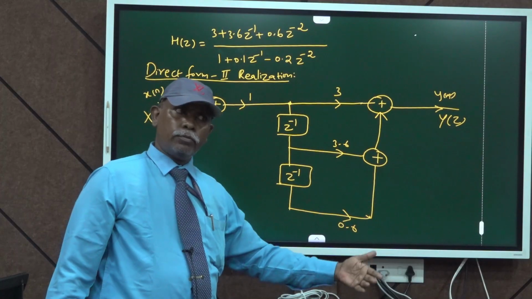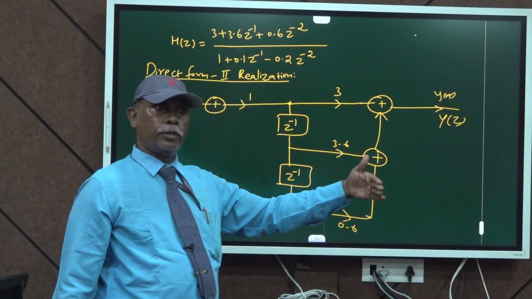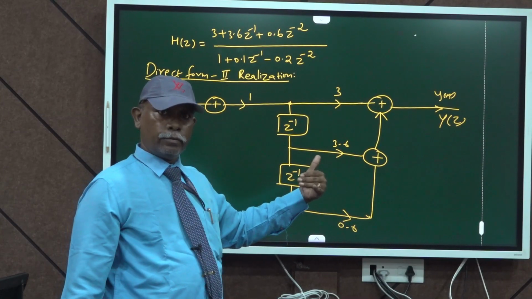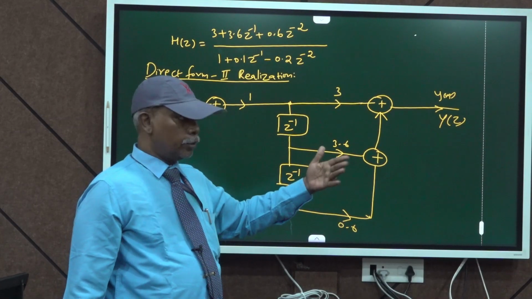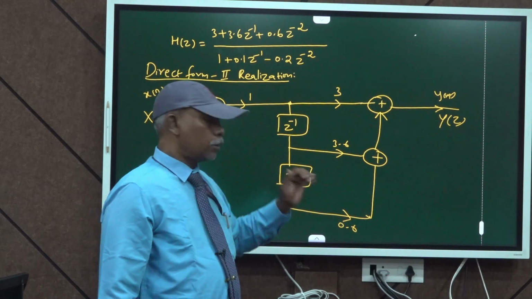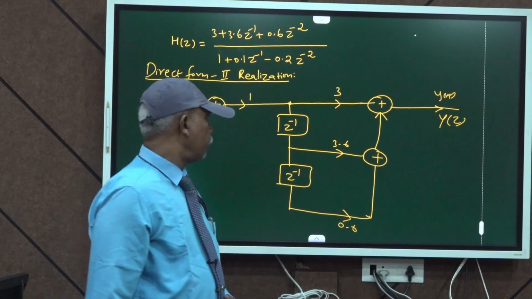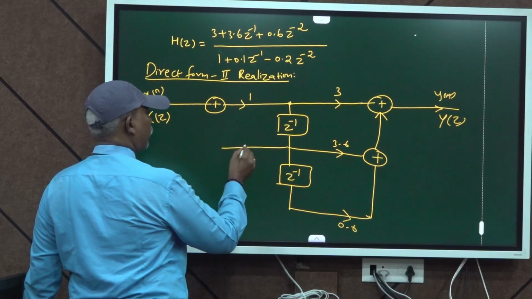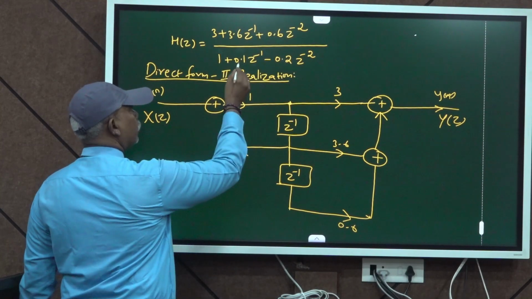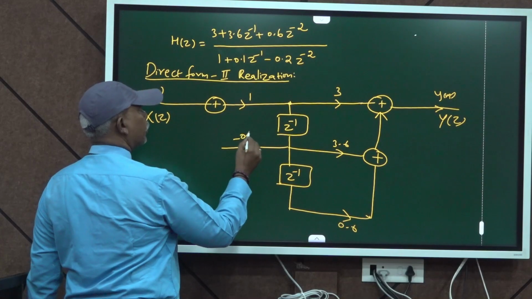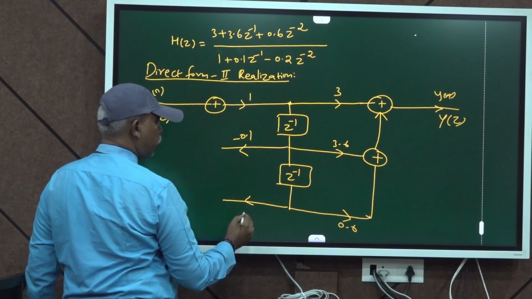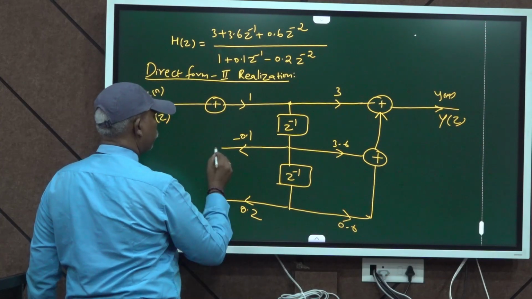The past output, y of n minus 1, is fed back to the x of n and x of n minus 1 side, and only then do we get the current output y of n. So feedback means the arrow mark is like this. I have already told you that plus 0.1 becomes minus 0.1 and minus 0.2 becomes plus 0.2.